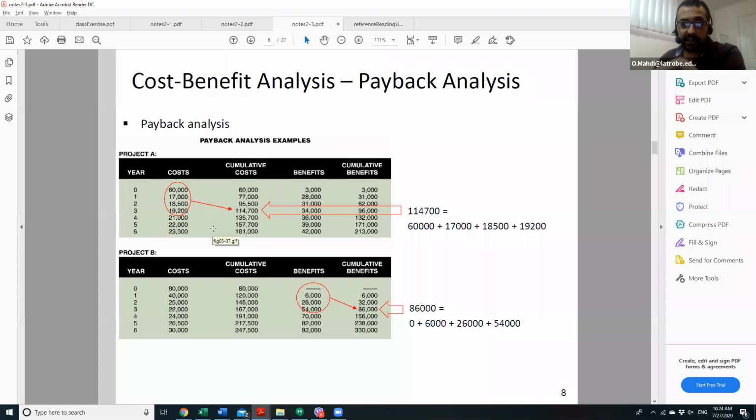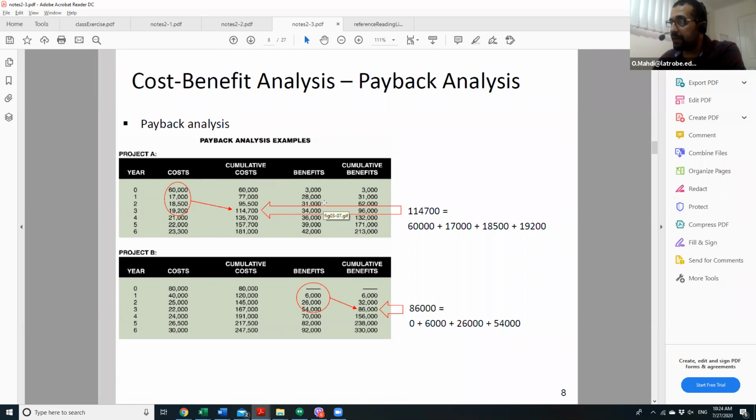So this is how we calculate the cumulative cost and the cumulative benefits based on the actual cost of each year and the actual benefits of each year.